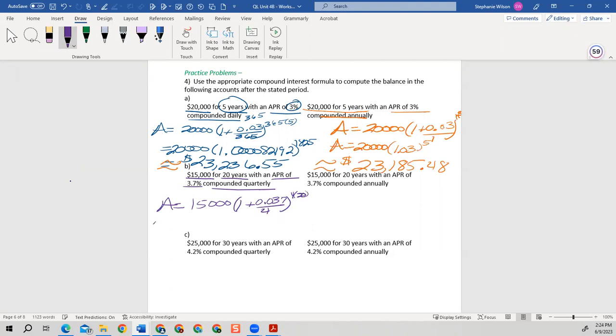So now I have A is equal to 15,000 times 1 plus that fraction, and I'm going to raise it to 80 because 4 times 20 is 80.